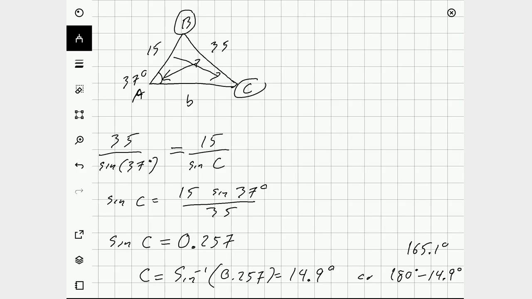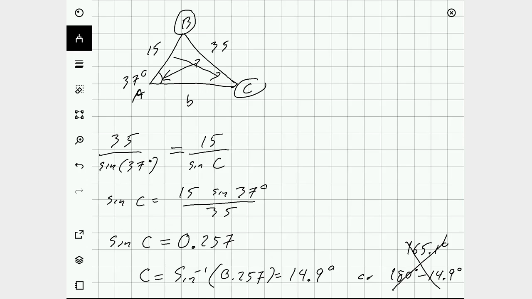Sometimes both of the angles you get here give valid triangles. Sometimes only one or the other. Looking in this case, I know that there's a 37-degree angle in a triangle. If I add 37 plus 165.1, I'll end up with 202.1, which is more than 180.